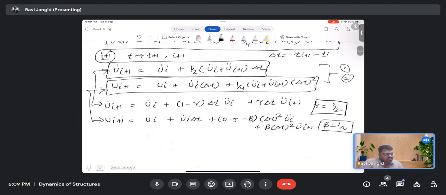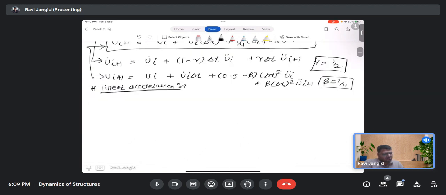Now for the linear acceleration. So for the linear acceleration, we consider our acceleration as linear.